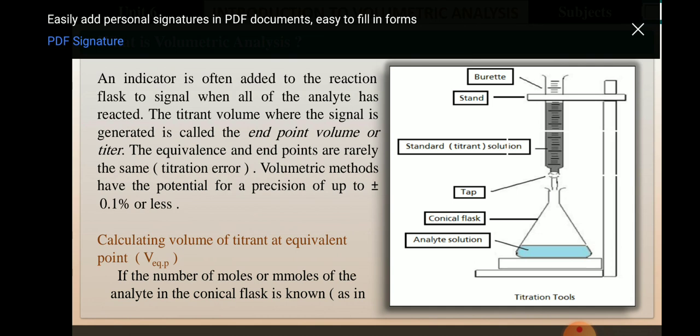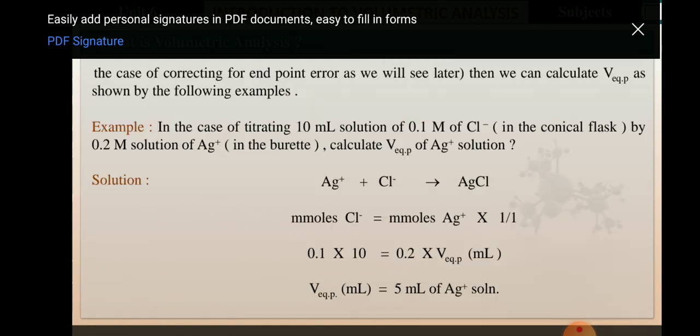Next is calculating the volume of titrant at the equivalent point. If the number of moles or millimoles of the analyte in the conical flask is known, as in the case of correcting for endpoint errors as we will see, then we can calculate V equivalent point as shown in the following example.